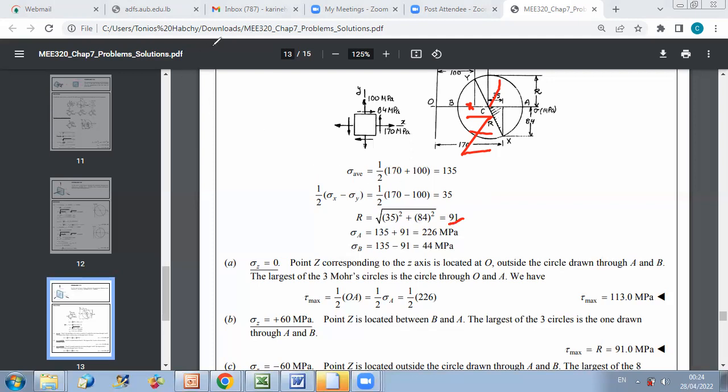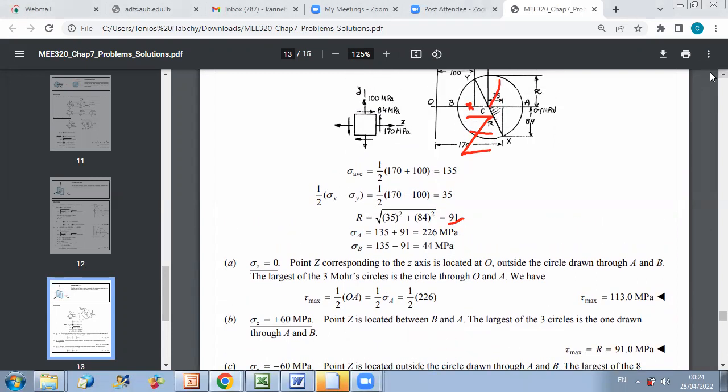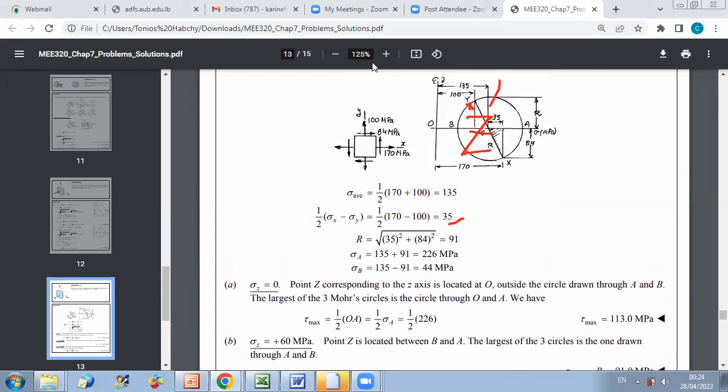Now, in the third scenario, they give me that sigma z is minus 60 megapascal. So if I locate z on my figure here, point z is here, let's say, so this is minus 60. So again, B is between A and Z, so the largest circle is the circle corresponding to AZ.